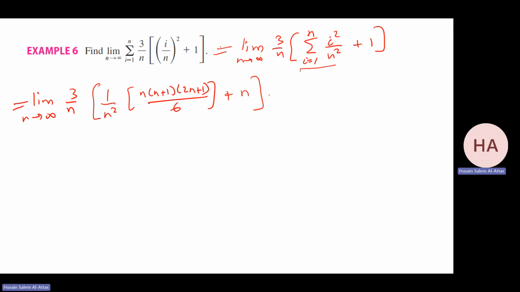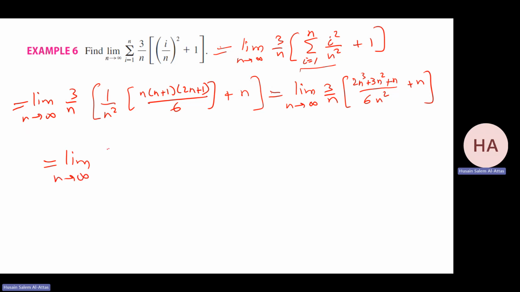Okay. Now we need to simplify it. The limit as n goes to infinity of 3 over n. What do you have here? Yeah, this one we did before. It was what? 2n cubed plus 3n squared plus n over 6n squared, plus n. Or I can simplify it more. Limit as n goes to infinity of 3 over n of what? 2n cubed plus 3n squared plus n plus 6n cubed over 6n squared.